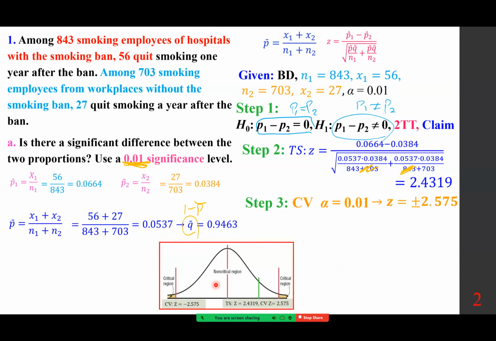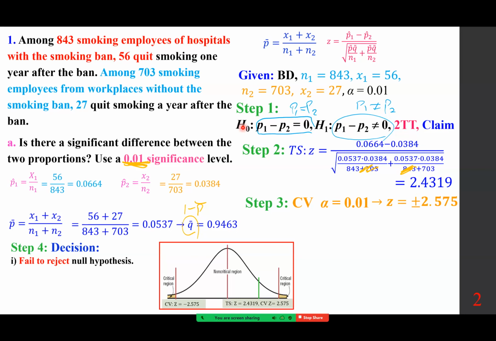So therefore, the decision is very simple. Fail to reject H0, the null hypothesis. All right, so we're going to go back to the very first step.